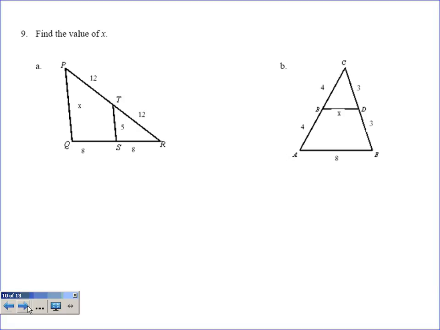Okay. Now, what do these pictures look like? Yeah, it's called a mid-segment. We're talking about mid-segments here. The property of a mid-segment basically says that, hey, this thing is congruent to this thing is congruent to this thing. And if this is 5, how long does this side down here have to be?